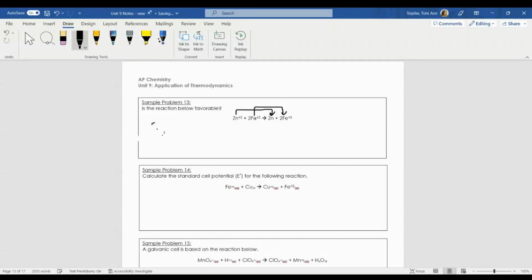I have Zn plus 2, and that is going to combine with 2 electrons, and I'm going to produce zinc metal. That's the reduction potential, and in that case, it is negative 0.76 volts.